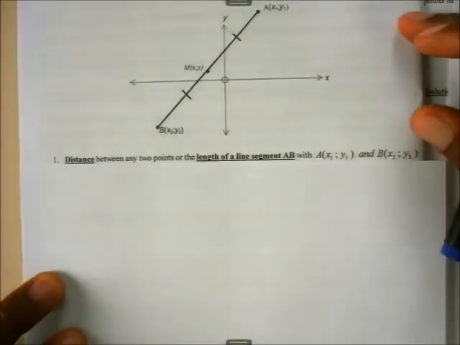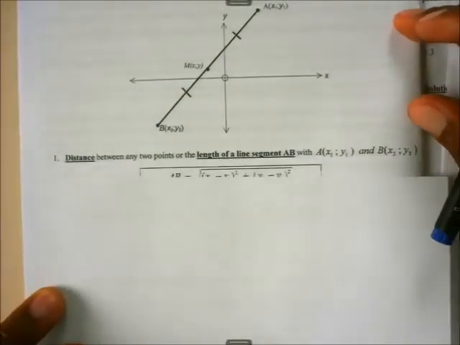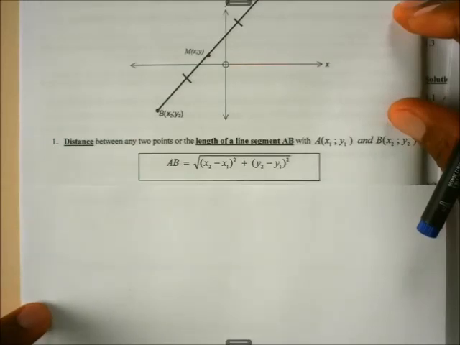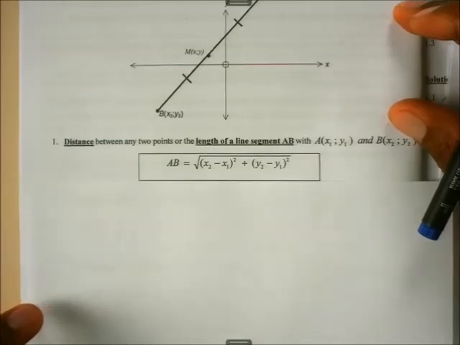This is the formula that we use. AB is equal to the square root of (x2 minus x1) all squared plus (y2 minus y1) all squared. It is very important now to familiarize yourself with the formula sheet. It's very, very important, right?